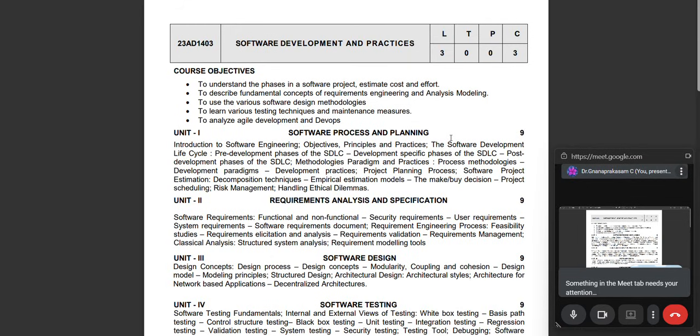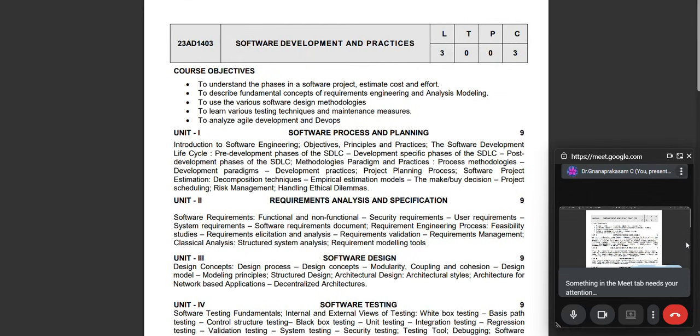Now look at the second category of software testing, black box testing. In black box testing we have various models: unit testing, integration testing, regression testing, and validation testing.